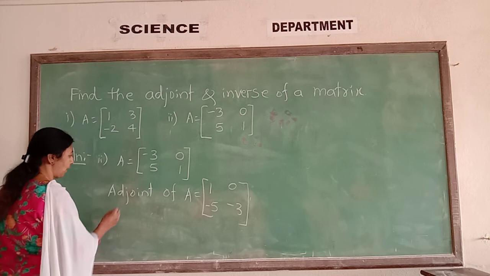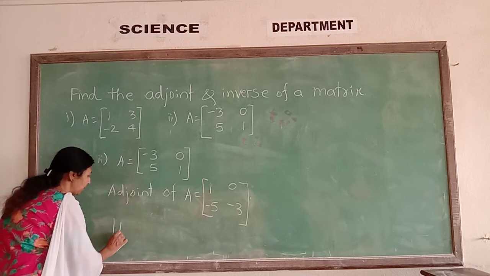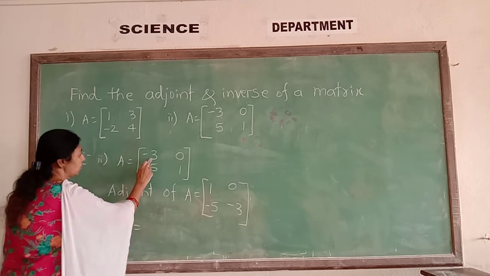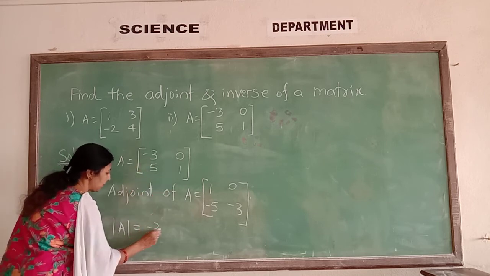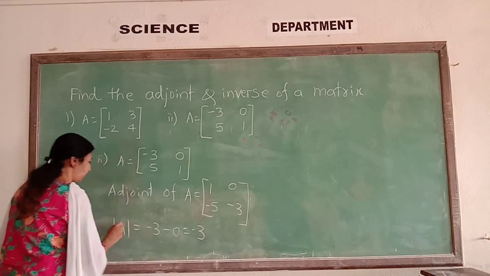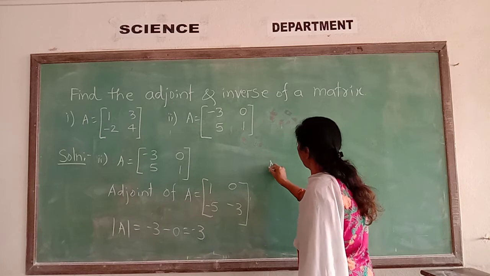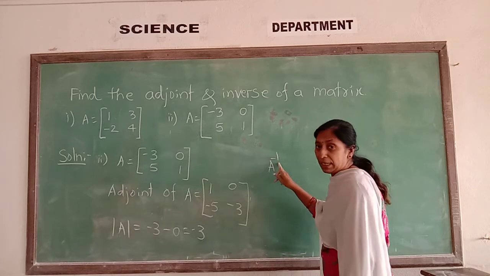If you want to find the inverse, how to find A inverse? You have to find the determinant value of A. So minus 3 into 1 is minus 3, 5 into 0 is 0. So minus 3 is the determinant value of the given matrix. So A inverse of the given matrix we write symbolically like this.